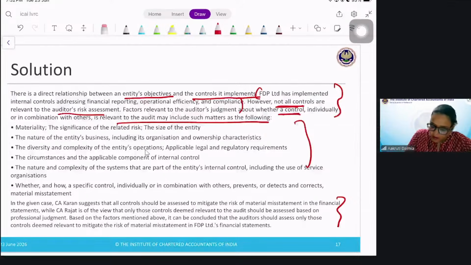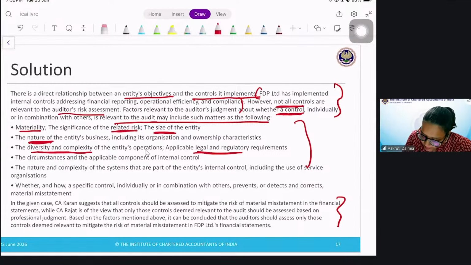What it says: which factors affect an auditor's judgment about whether a control is important for me? Firstly, is it material? What kind of risk it has? What kind of size of entity is there? What kind of nature of business they are running? What kind of diversity and complexity is there? What kind of laws are applicable on this entity? What are the different circumstances and different internal controls?